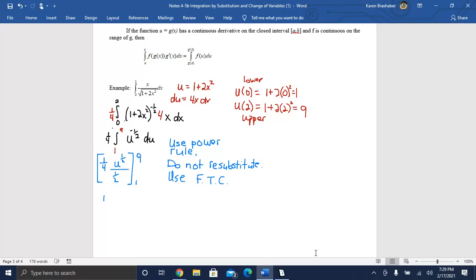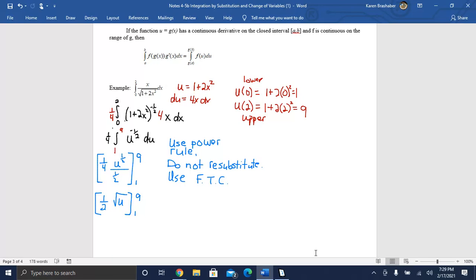I'll have 1/4 times the reciprocal of 1/2, so that'll be 1/4 times 2, and that'll end up being 1/2. And then I'll have my u to the 1/2, which is the square root of u, and I'll evaluate that again from 1 to 9.